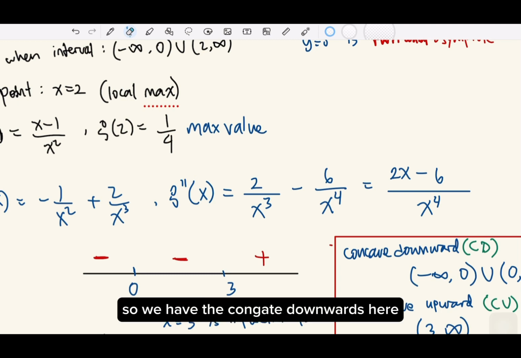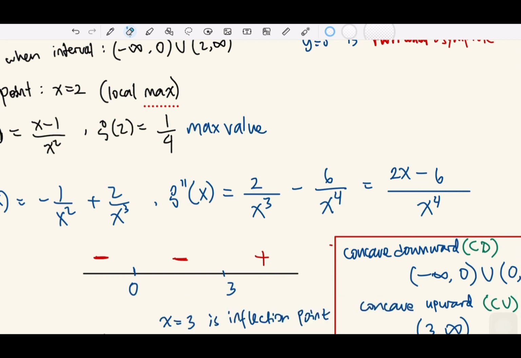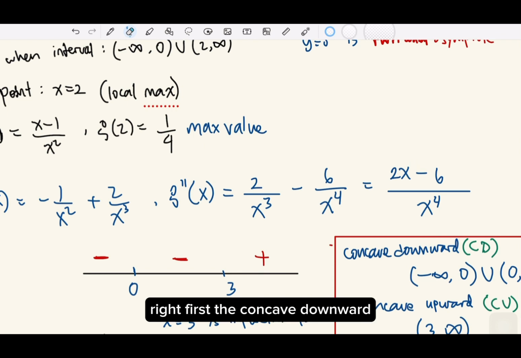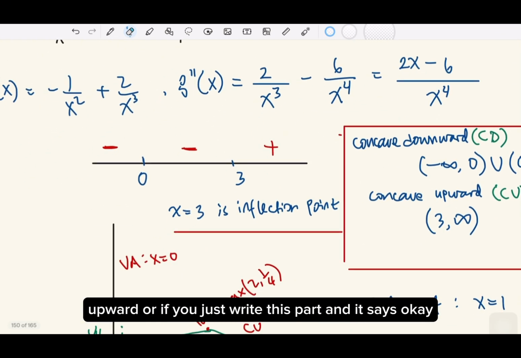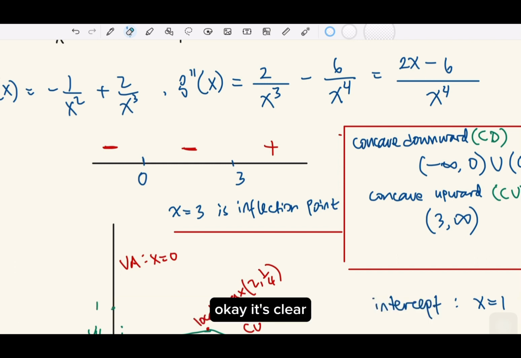So we have concave downward here and concave upward here. But since it's an asymptote, it's not going to be a continuous function in this part, right? It's not continuous here. But we still write concave downward and upward, or if you just write this part and say it's concave, it's okay, it's clear. And we say the inflection point is x equals 3.